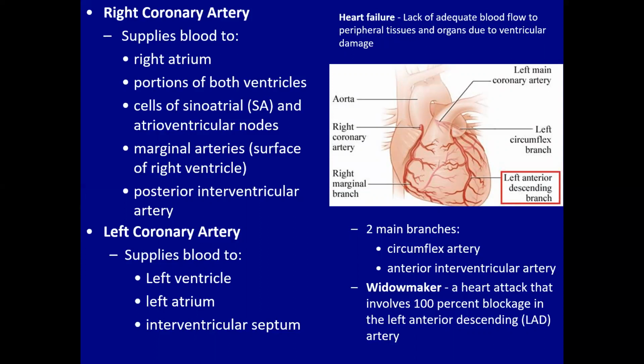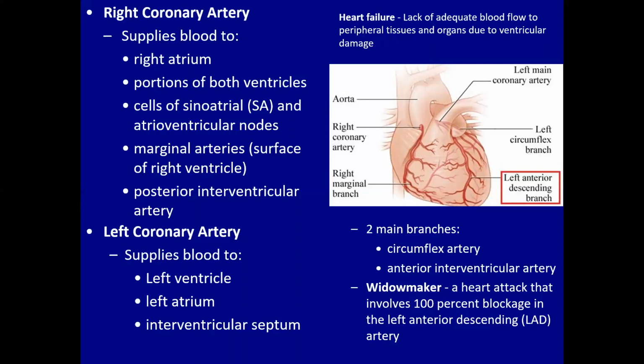That is almost 100% fatal because it supplies so much blood to the left ventricle and the interventricular septum. So the interventricular septum, as we'll see here in just a minute, is incredibly important to you actually having the sending of electrical signals to your heart.